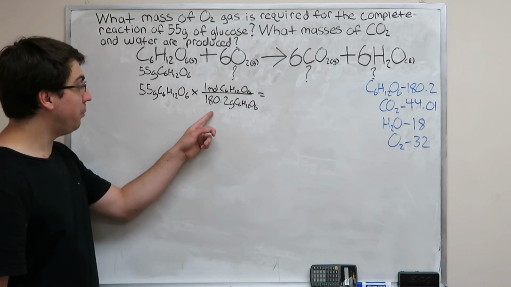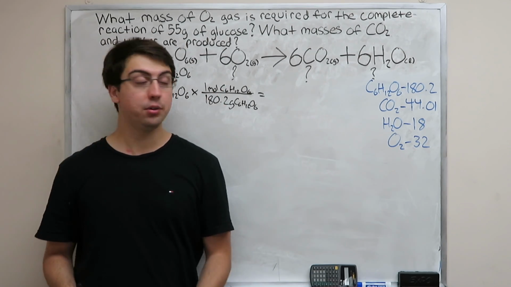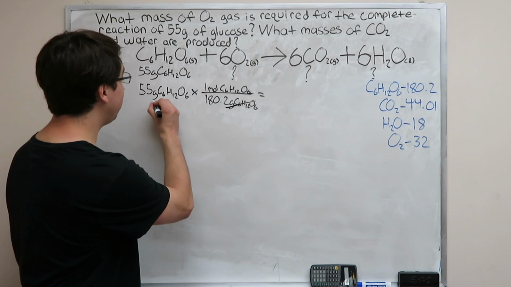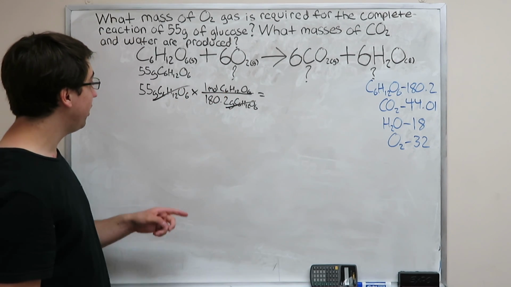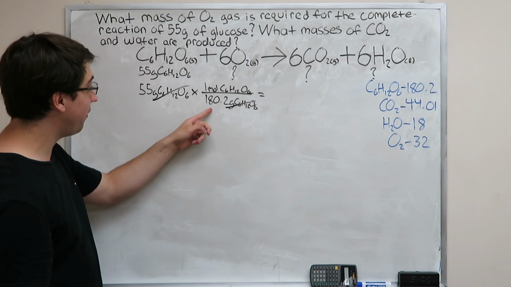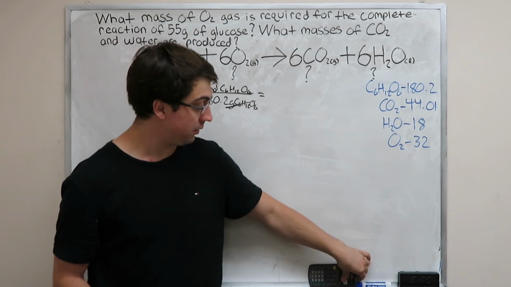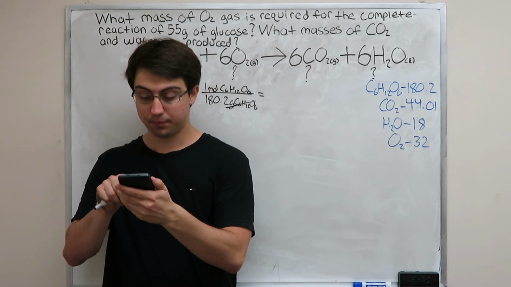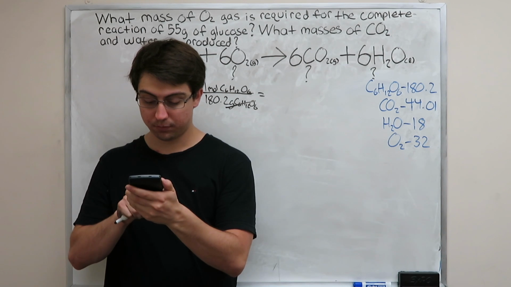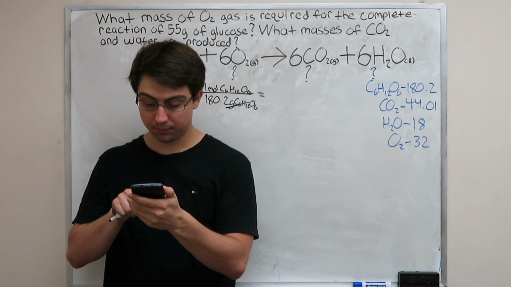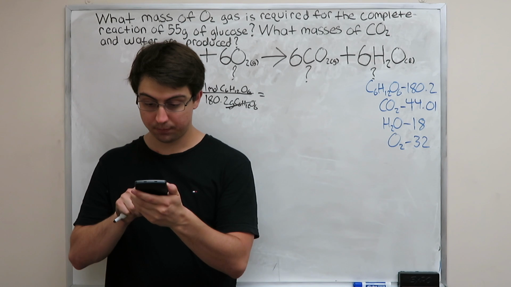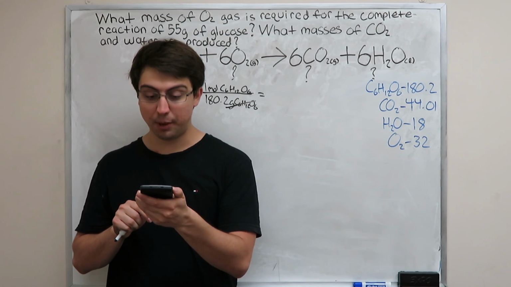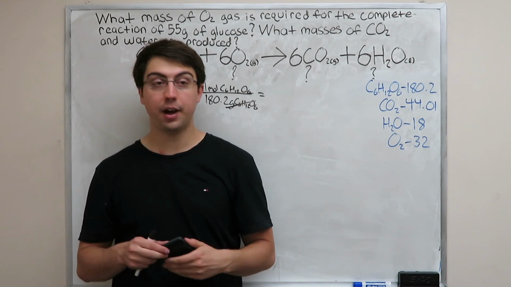There is 180.2 grams in 1 mole of glucose. The grams of glucose will cancel out, leaving us with moles of glucose, and you just need to take the 55 and divide it by 180.2. I'm going to stop at 3 decimal places, 0.305.